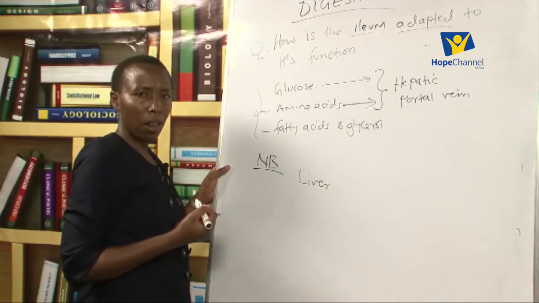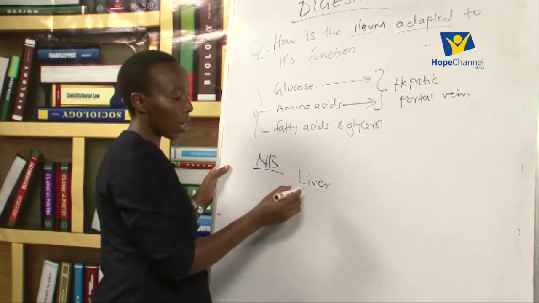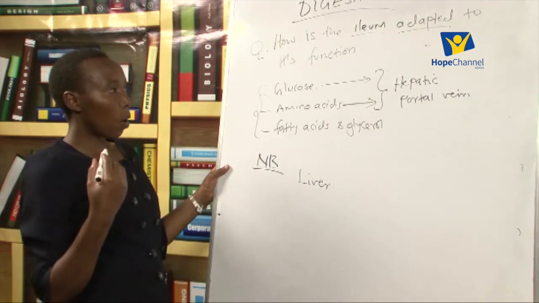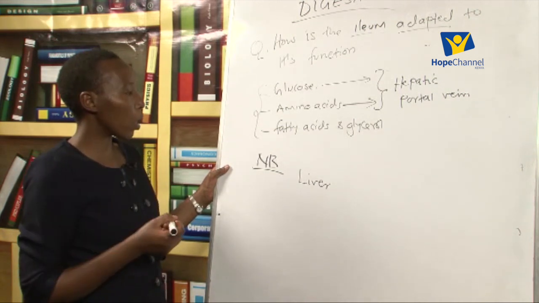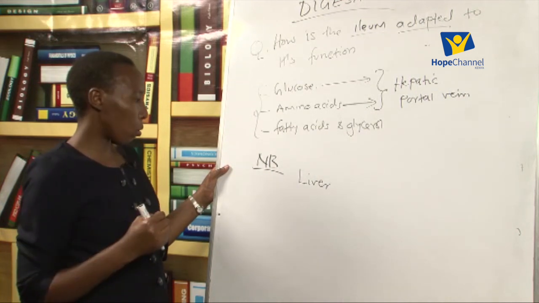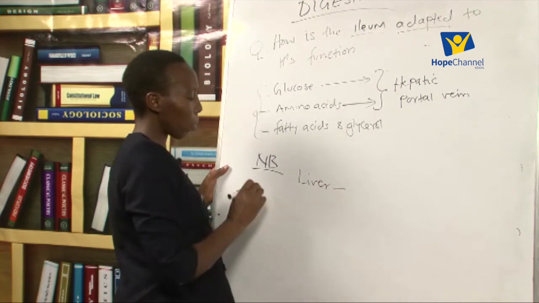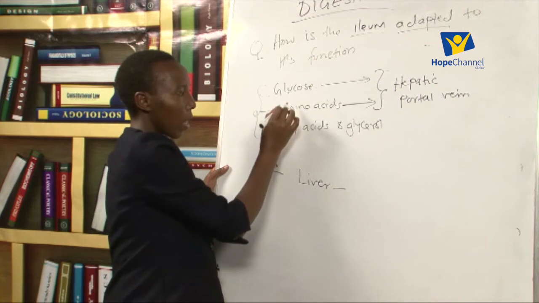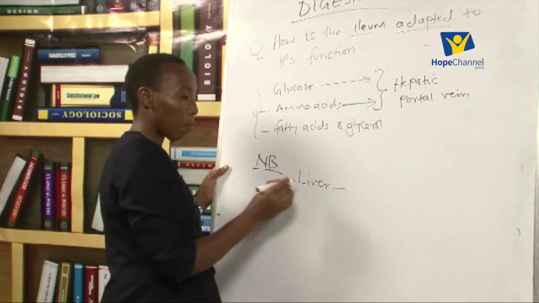Then we ask ourselves, why should they be transported first to the liver before they join the transporting system to all parts of the body? There are many reasons, but I'm going to mention two. Glucose and amino acids must pass through the liver before they reach all parts of the body.